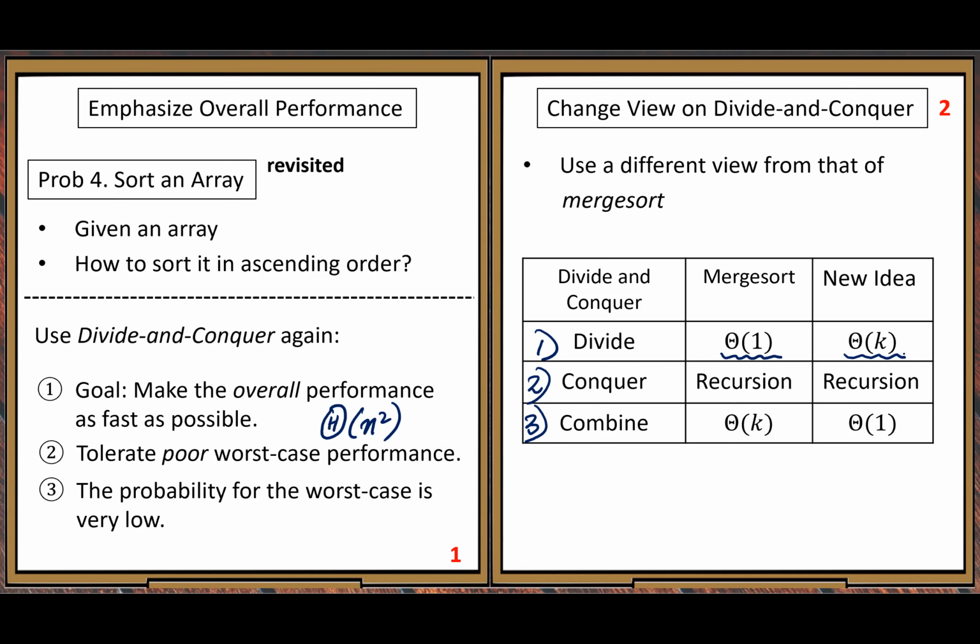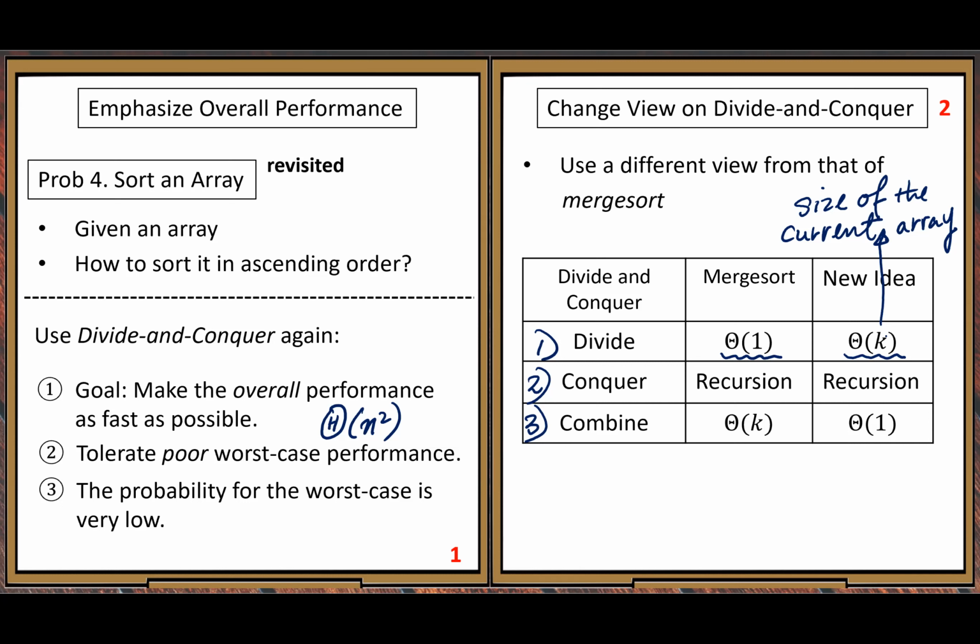The reason is this k means the size of the current array. Because our array size is not fixed. When we do recursion, our current data size is not fixed. So we use that parameter k to represent the current data size.